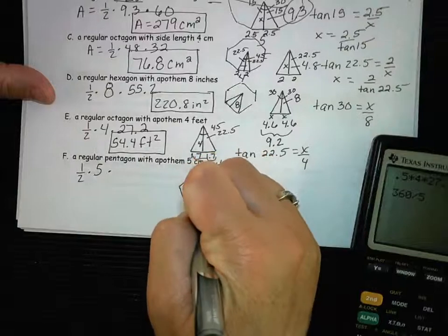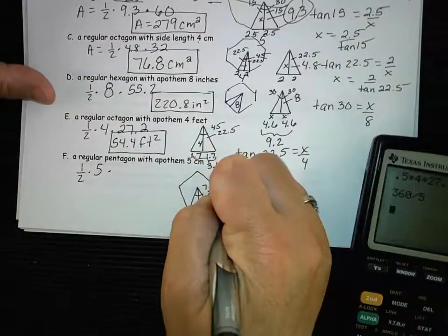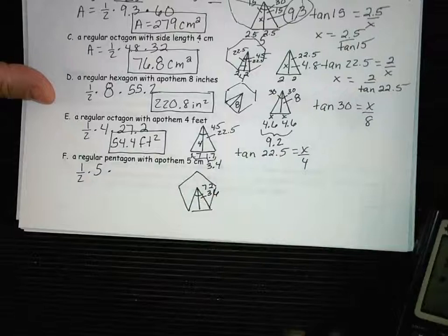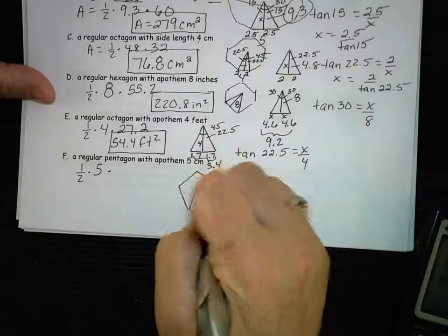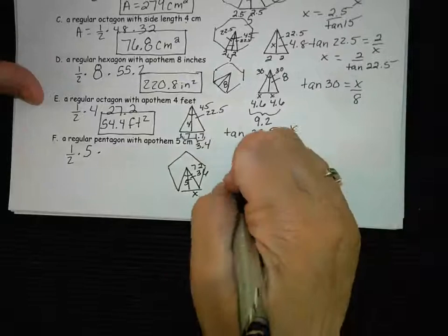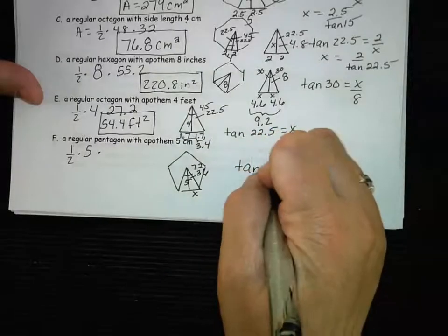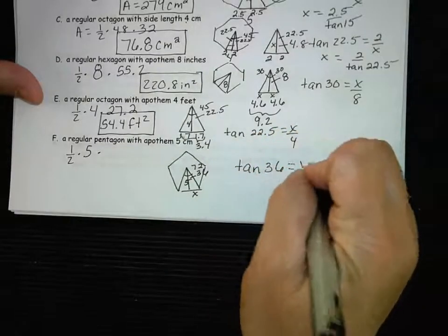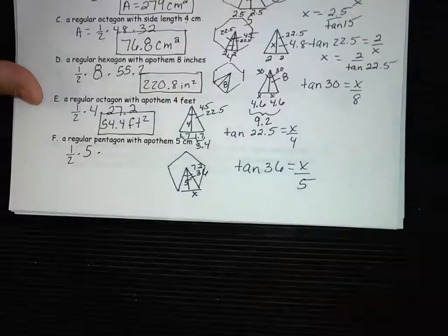So half of that will be 36. And the apothem is 5. We want to find that side length. So we will have the tangent of 36 equals x over 5.